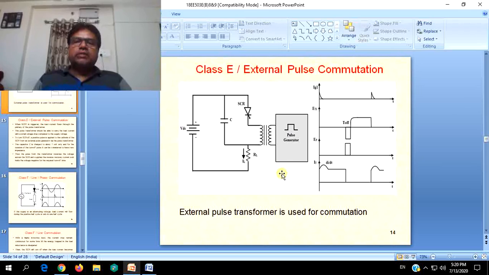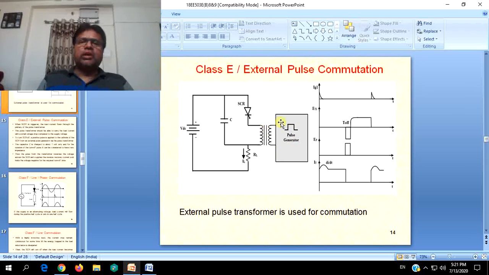This particular circuit is employing an external pulse generator via a pulse transformer, which requires very cautious and accurate design of the pulse transformer and the pulse generator. You have to tune the pulse generator frequency to suit the turn on and turn off durations of the SCR. That can be done, but the bulk or volume of the circuit will increase.